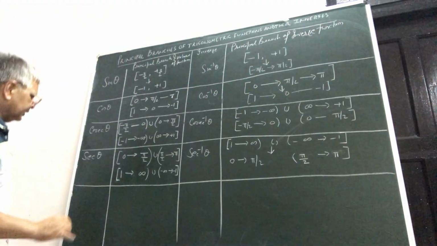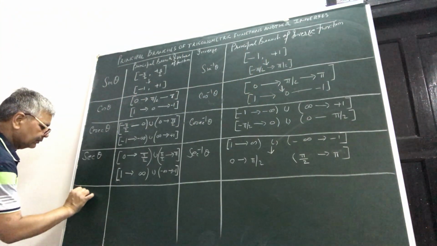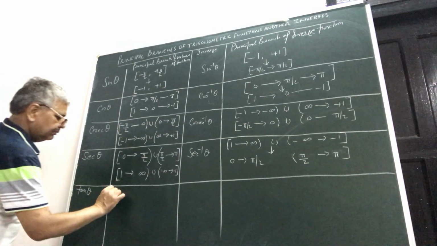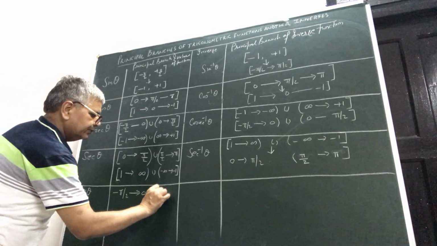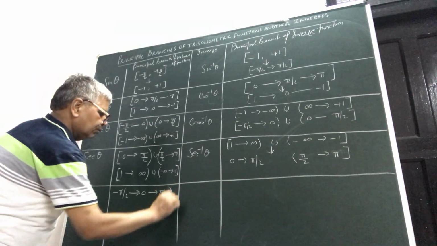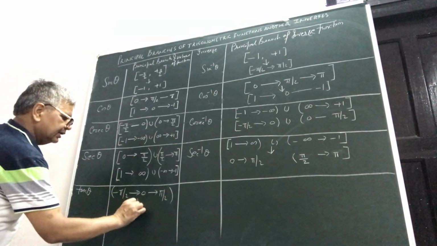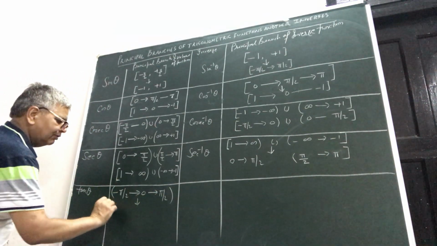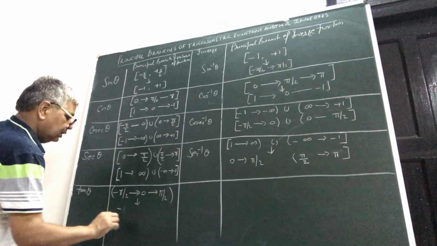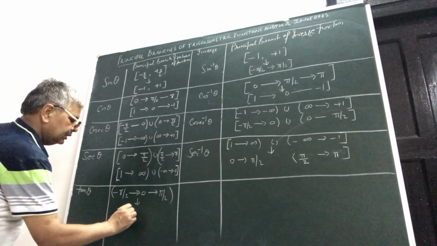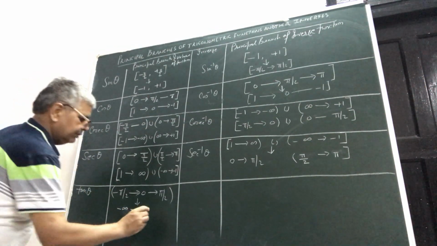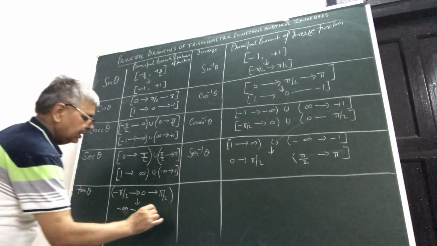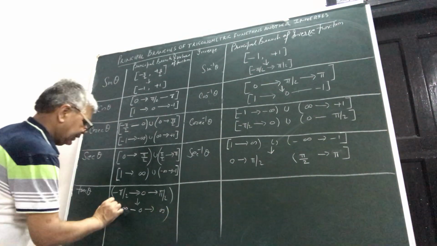And then the tangent theta, very simple, minus pi by 2 to 0 to pi by 2, open on both sides, and the values it will be acquiring will be minus infinity, then 0, and then infinity, open.